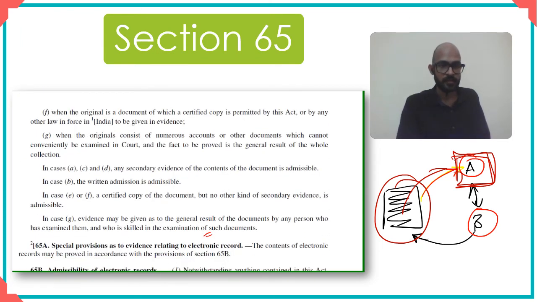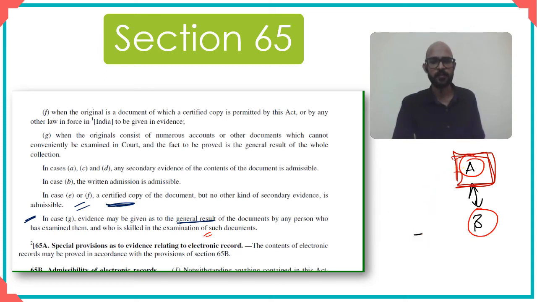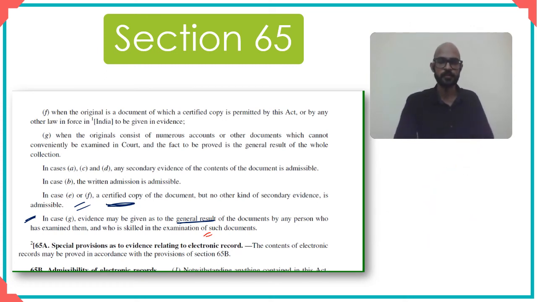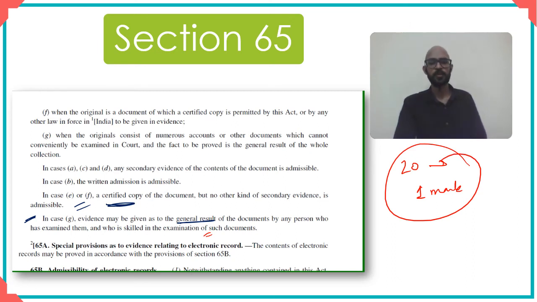We scroll back, and then we see that in the case of E or F, where a certified copy is permitted, you can give a certified copy. And in the case of G, the general result, let us say for example your internal assessments. Let us say I had taken 20 internal assessments, each of 1 mark, so the total is 20 marks.